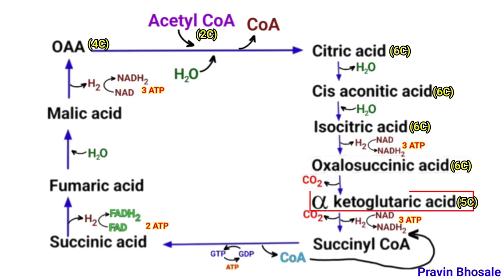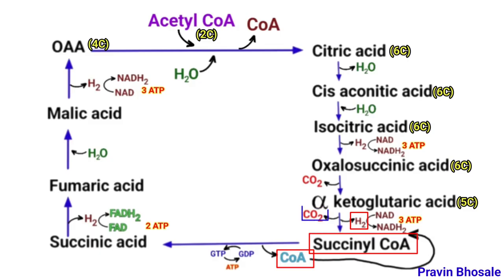Further, alpha ketoglutaric acid undergoes oxidative decarboxylation. Oxidative means removal of hydrogen, decarboxylation, removal of carbon dioxide, and with addition of coenzyme A. Here, succinyl coenzyme A is formed.